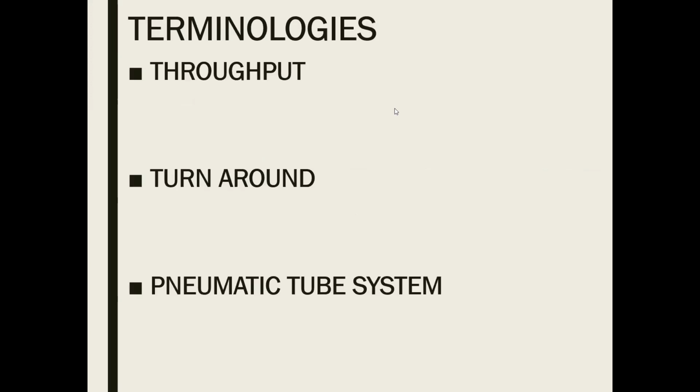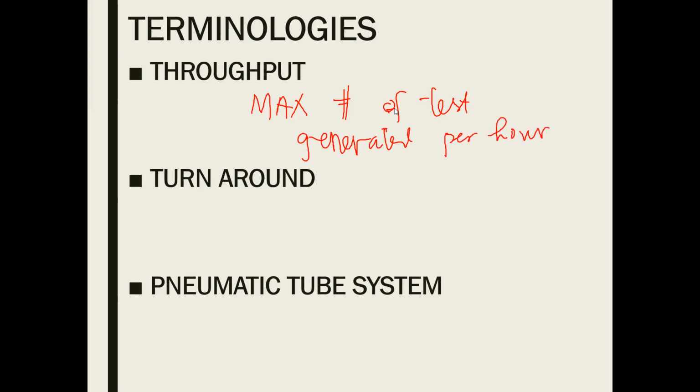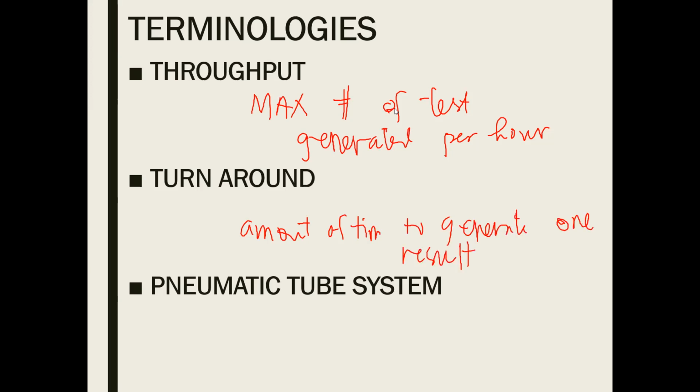Okay, so we have your throughputs, your turnaround, and your pneumatic tube system. Kapag po sinabi natin throughput, this is the maximum number of tests generated per hour. Kapag po sinabi natin turnaround, amount of time to generate one result.